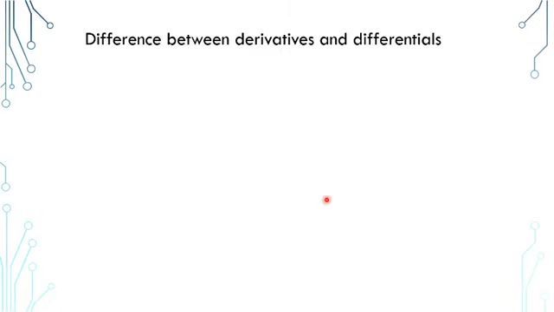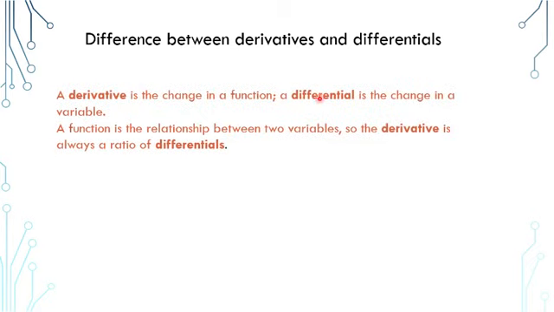What is the difference between derivative and differential? Derivative is a change in a function, while differential is a change in a variable.